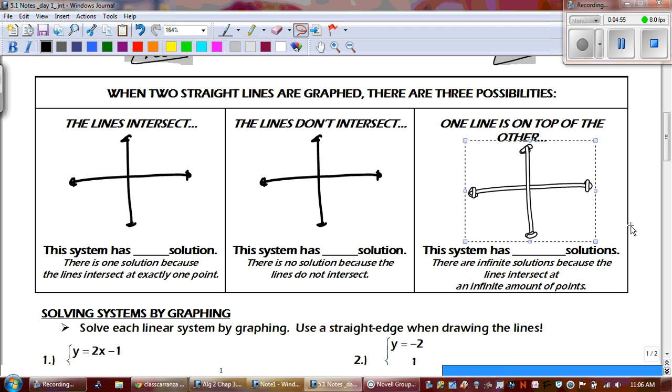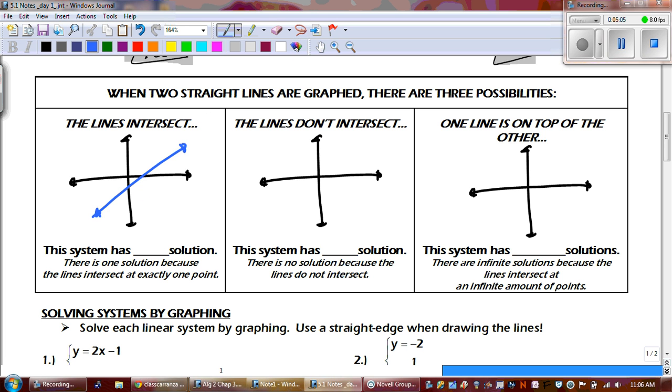Our first one is when two lines intersect. So I'm going to graph one line right here, and my other line right there. Those lines have a clear intersection, which means that there is one solution to that problem.